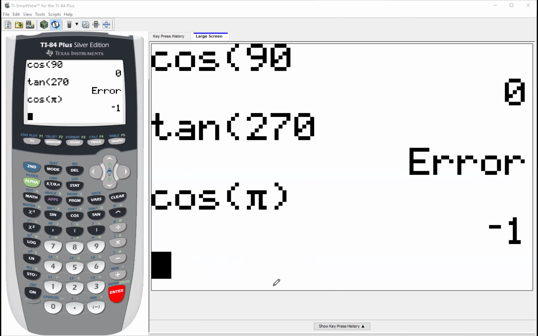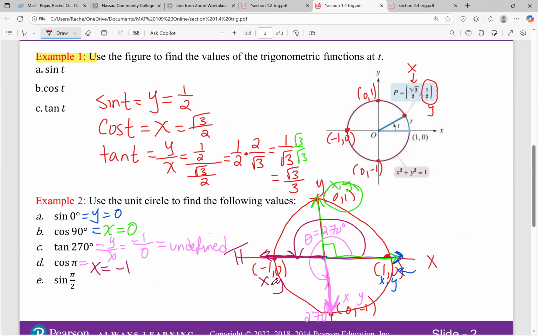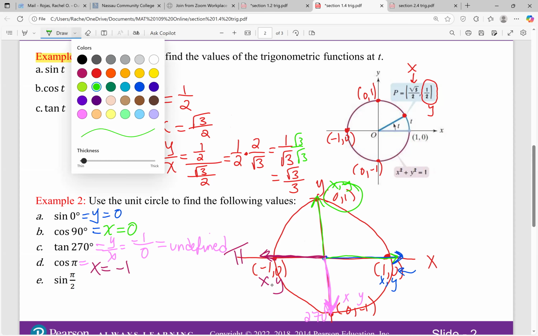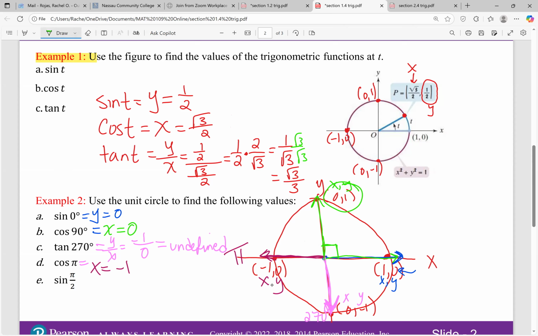And we'll do one more. The sine of pi over 2. So let's clean this up a little bit. So pi over 2 is equivalent to a 90-degree angle. So let's go back to green. It's this angle right here, where the terminal ray coincides with the y-axis.